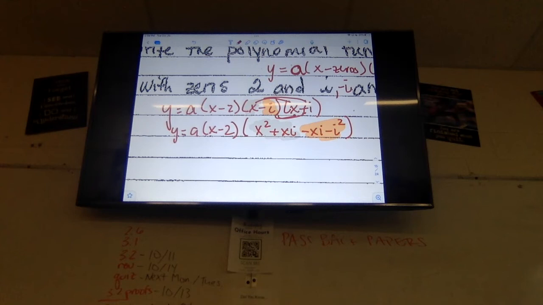This is awesome, though, because I can cross out my xi's, positive and negative. And remind me, what is negative i squared the same thing as? Positive 1. i squared is -1, so negative of -1 is positive 1.